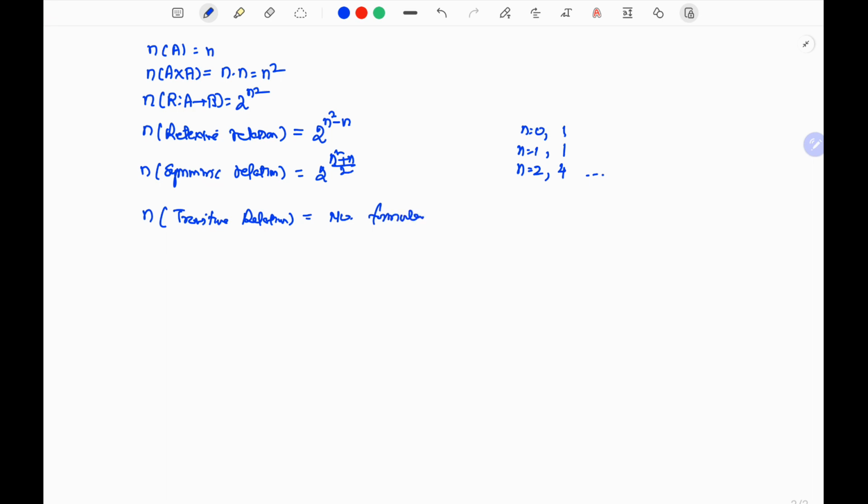So if we want some data about the number of reflexive, symmetric and transitive relations, we take some initial elements. Say the number of elements in set A is 0, 1, 2, 3, 4. Then the number of reflexive relations will be 1, 1, 4, 64 and 4096, using the formula 2 raised to the power n squared minus n.